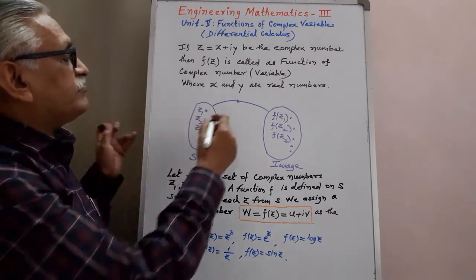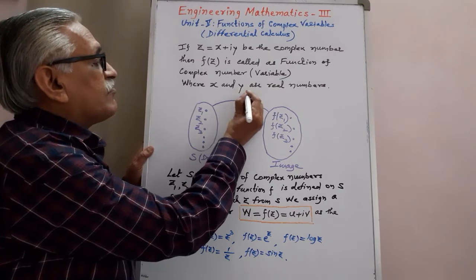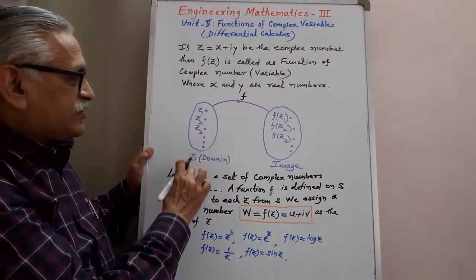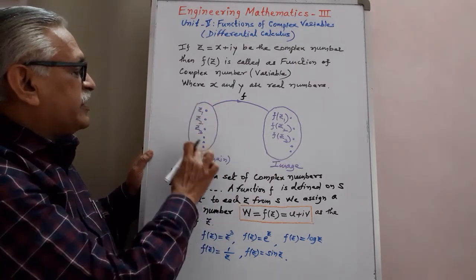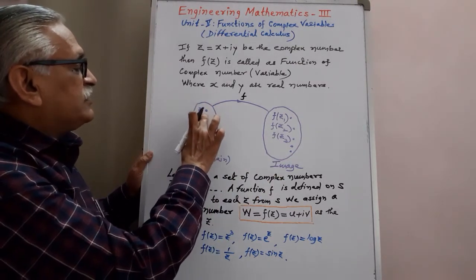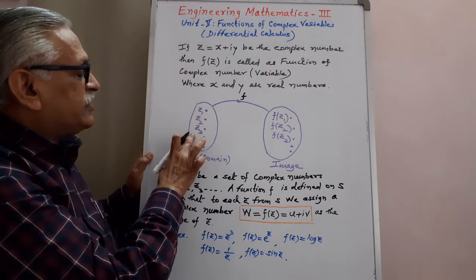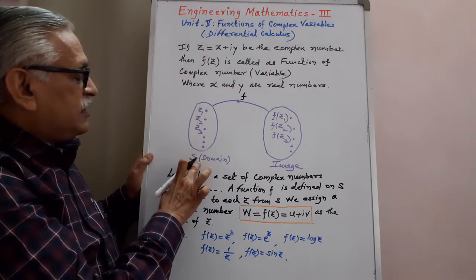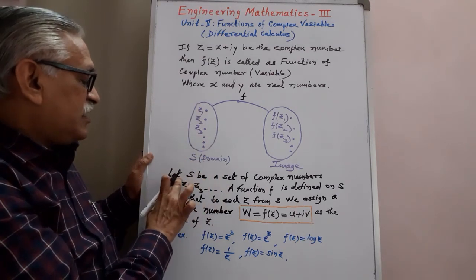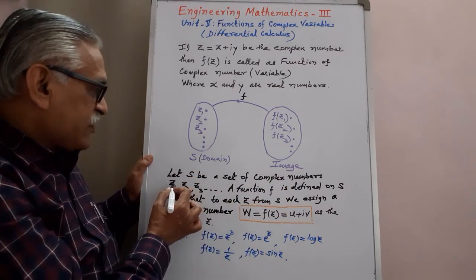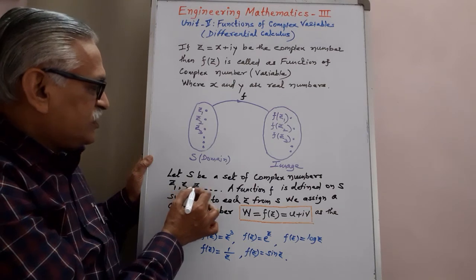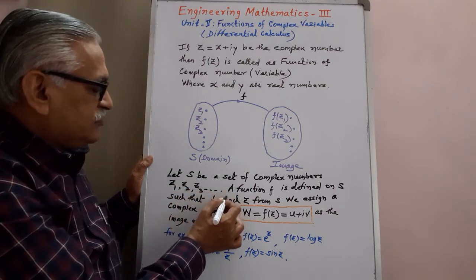We define that function. We have two sets. Set S containing complex numbers z1, z2, z3 and so on. Let S be a set of complex numbers z1, z2, z3 and so on.